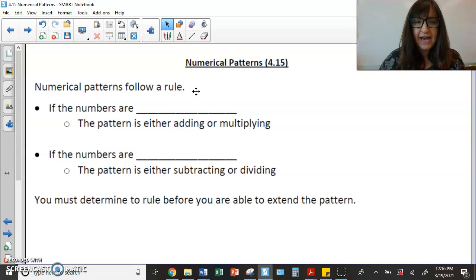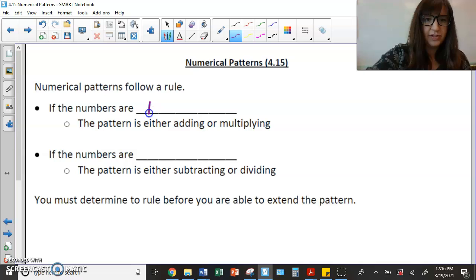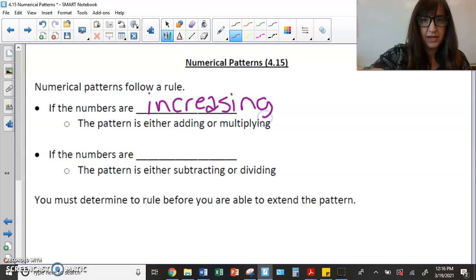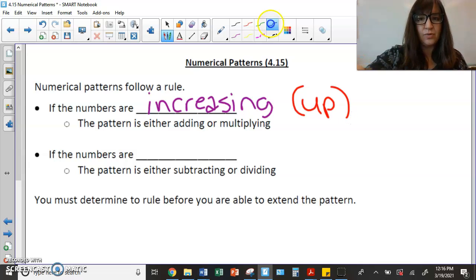So, when you look at a pattern, you have to decide, are the numbers going up or are the numbers going down? Because if the numbers are increasing, and increasing means going up, then the pattern is either adding or multiplying.